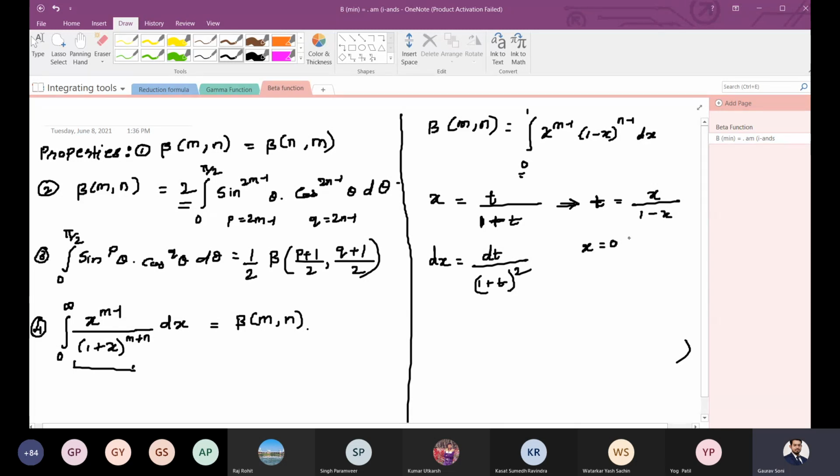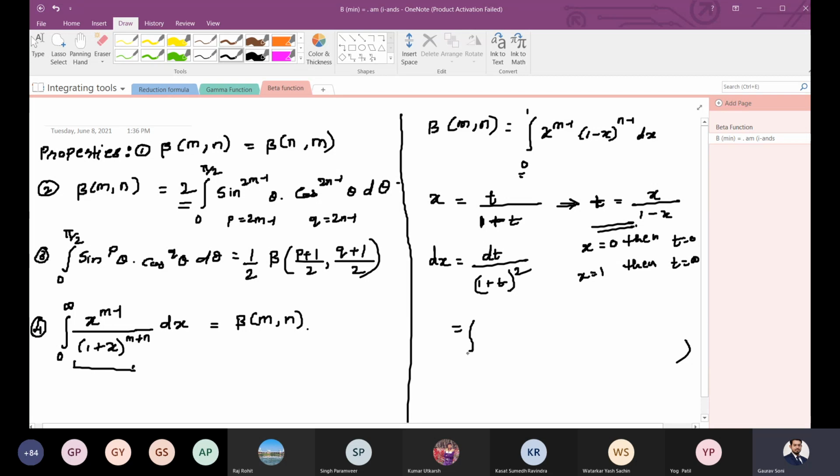Now if x is equal to 0, then t turns out to be 0. If x is equal to 1, then you can see that t turns out to be infinity. You just have to put it over here.